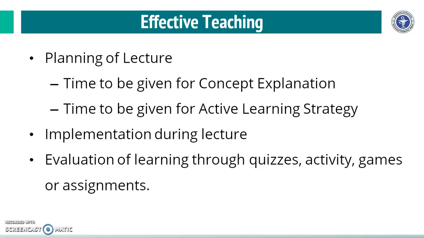My dear colleagues, you can't devote a 60 minute lecture just to a traditional classroom lecture. You can clear the concept within 30 minutes and devote the remaining 30 minutes to implementing some active learning strategy. Then and only then will the teaching learning process happen.